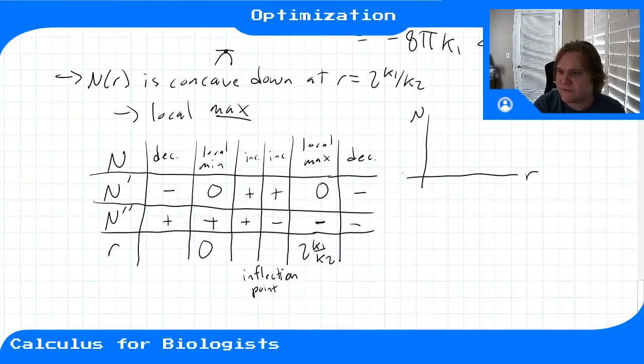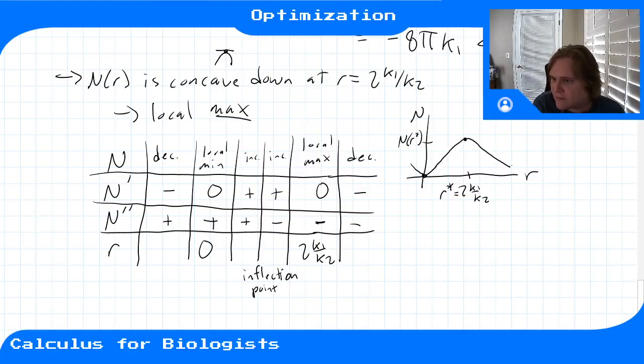So if we look at this function, we start at 0. At this critical point, we have 2k1 over k2. So this is our minimum, and then it was decreasing from the left, increasing from the right. Wherever this is, n of r star, let's call it, it is a local maximum, so it goes up and then down. And then it's decreasing from there.